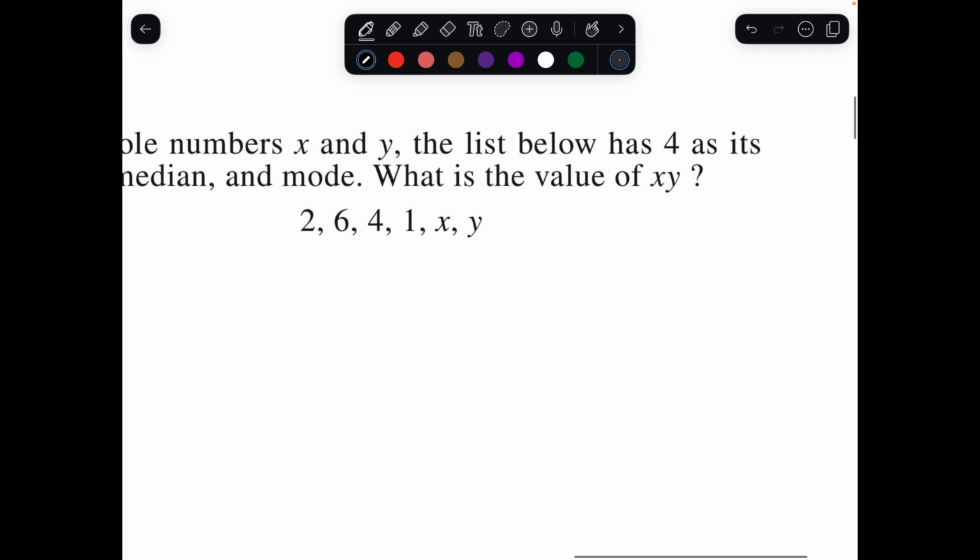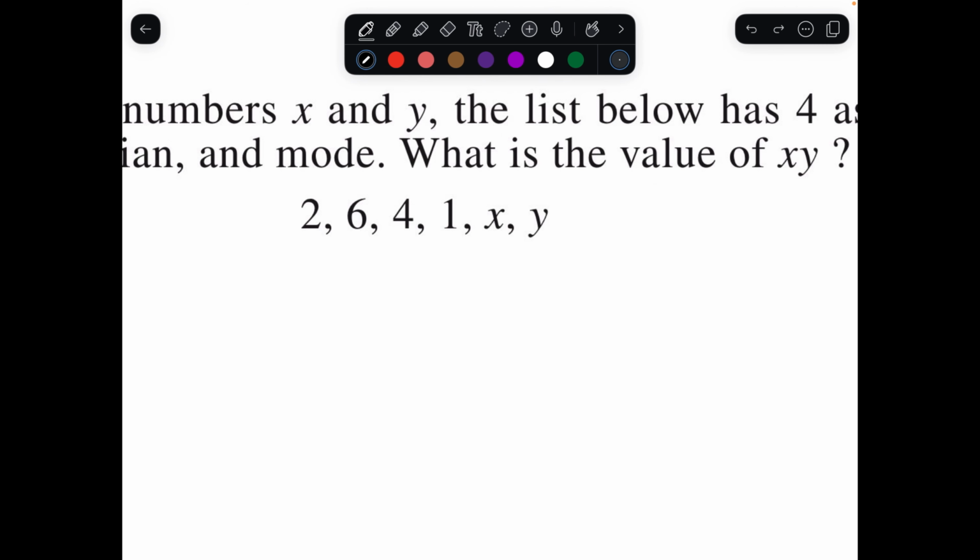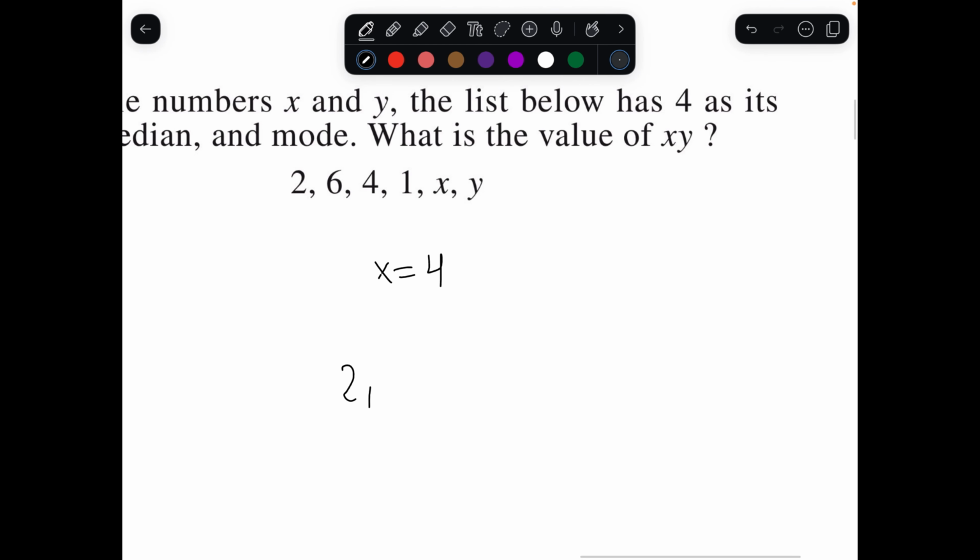4 is just like the others, it only appears one time. If you want 4 to be the mode, that means that x or y has to be 4, right? One of them has to be 4 in order to make 4 the mode of the list. So let's just say x equals 4, okay? So now our updated list is 2, 6, 4, 1, 4, y.